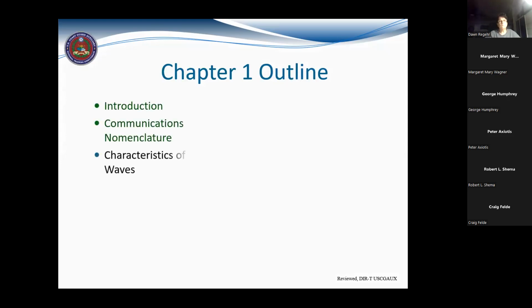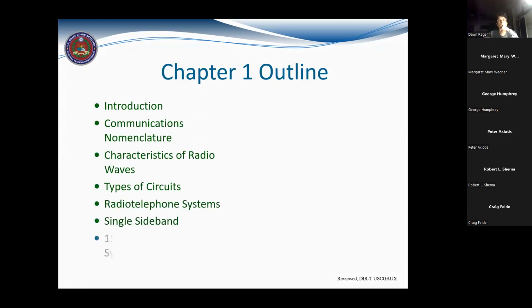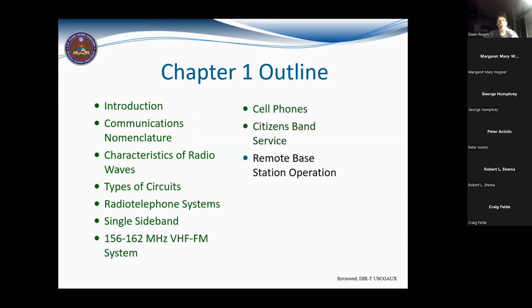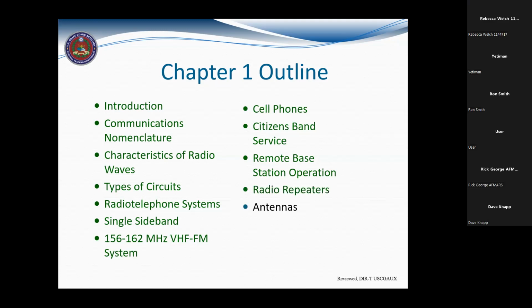So we're going to be going through nomenclature, characteristics of radio waves, types of circuits, radio telephone systems, cell phone usage, citizens band, which is phasing out, the Coast Guard use of remote stations, some concepts of radio repeaters, which we don't have much use in the 9th District, but may be growing nationally, and some general comments on antennas.